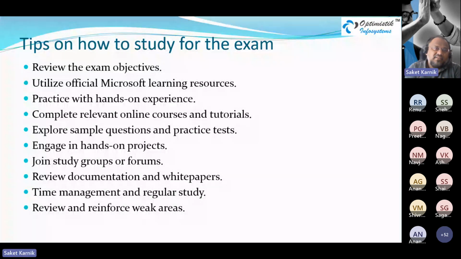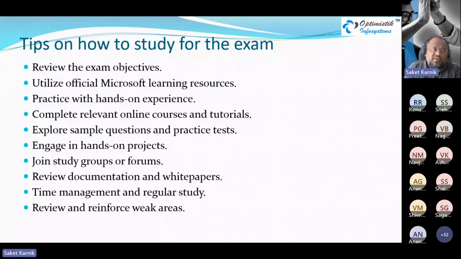Forum can be an informal chat also. Usually we create the groups, right, with the common intention, common interests. So something like that can be done for joint study as well. Then review the documentation, white papers, blogs, whatever is available.